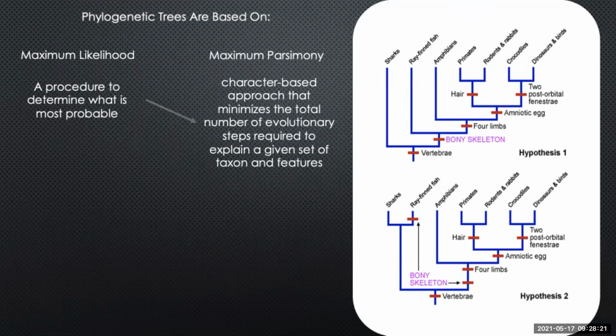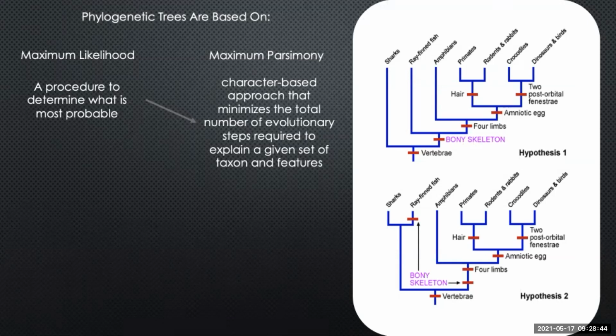What that means is that the simplest explanation is the easiest. It's a lot easier to lose a trait than it is to evolve a trait, right? One is removal of a gene, while the other involves the complex creation of a gene that also doesn't mess with the natural order of that organism.